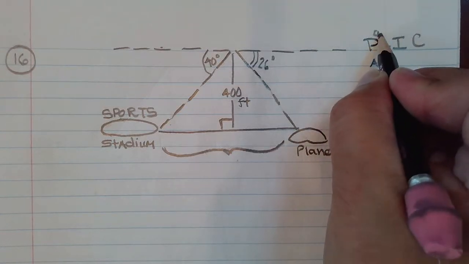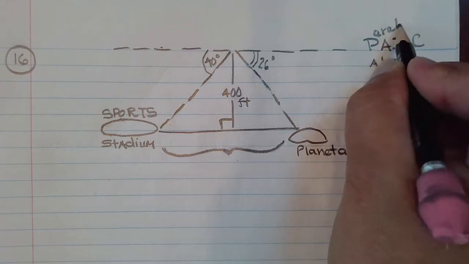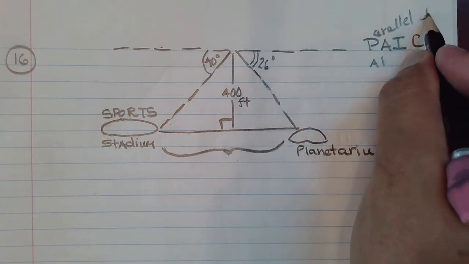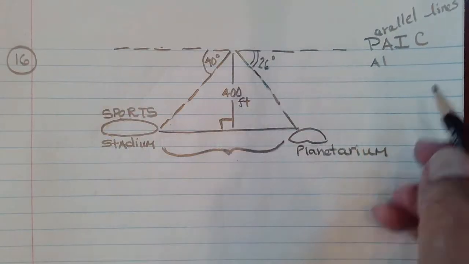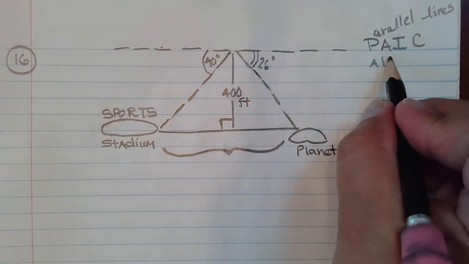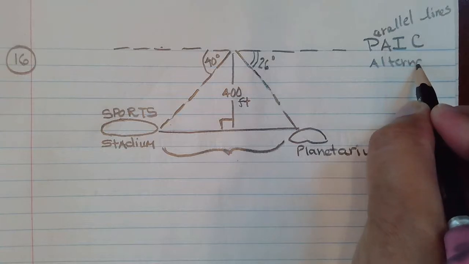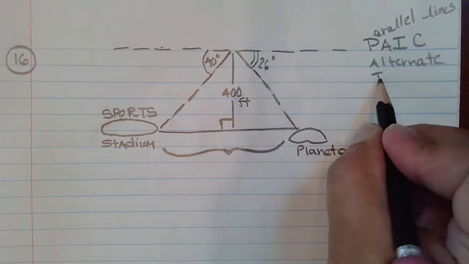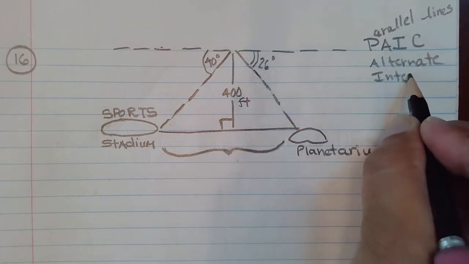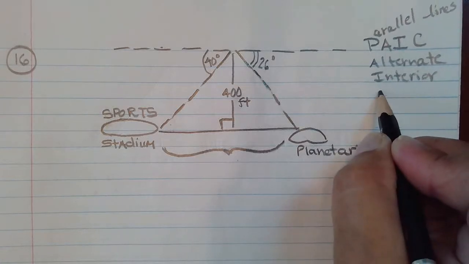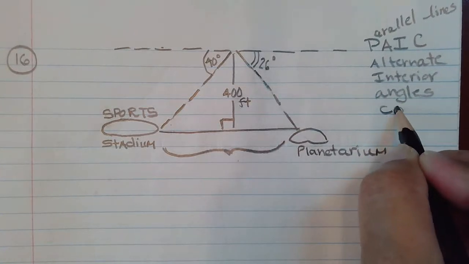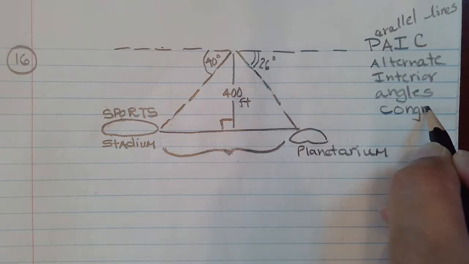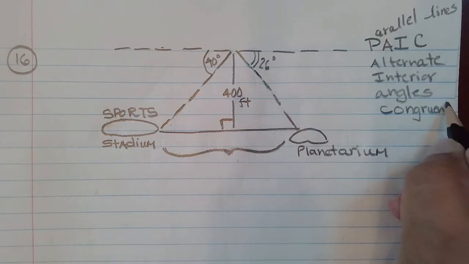Given parallel lines, and we do have a pair of parallel lines here, this line and this line, alternate interior angles are congruent. Congruent meaning equal in measure.